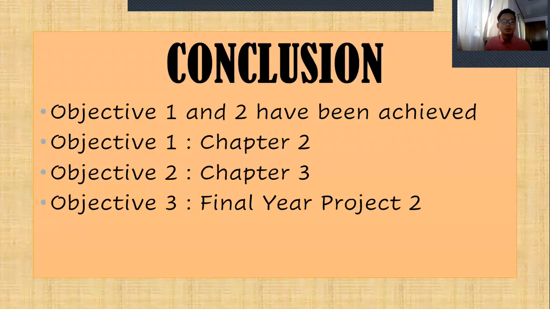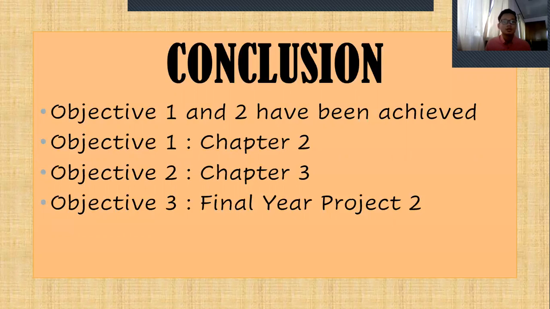Okay, next, for the conclusion, two of the objectives in this study, which are to study the factors that lead to the damage of urban houses in Malaysia, and to evaluate and provide the data in constructing two different types of model, have been achieved in this final year project 1.